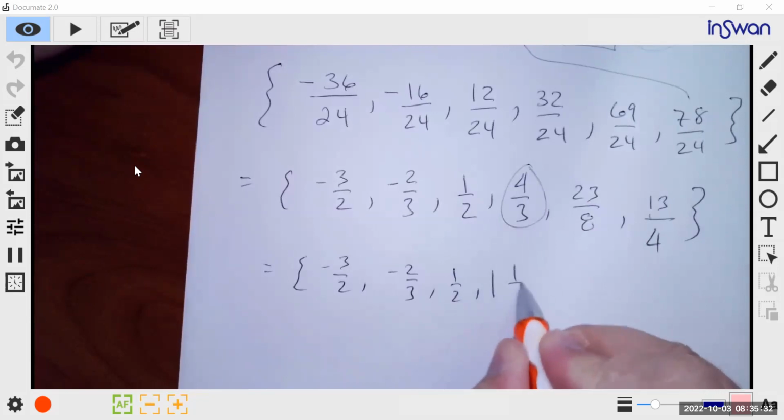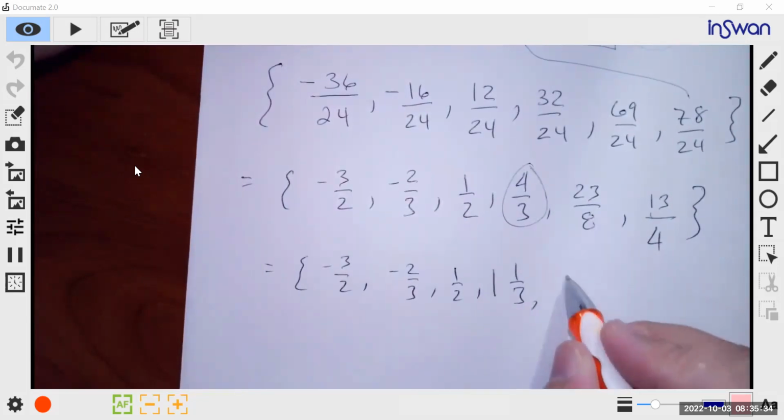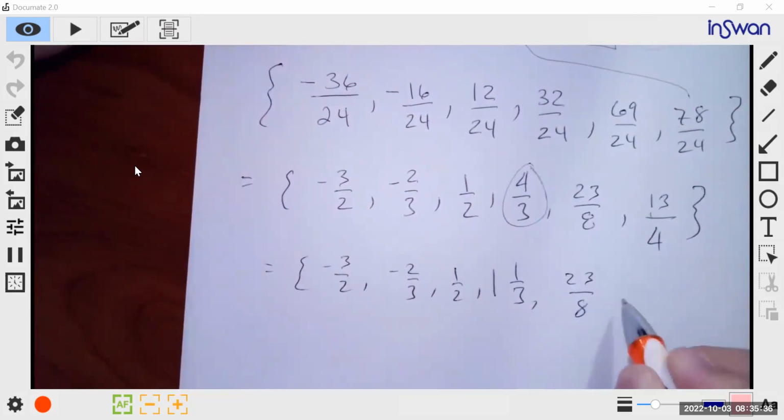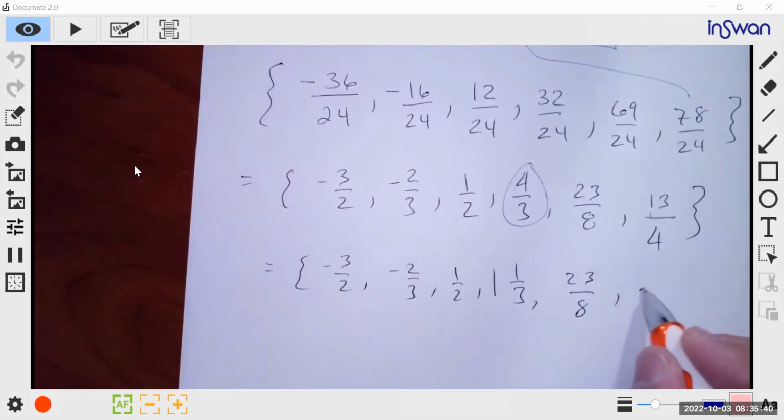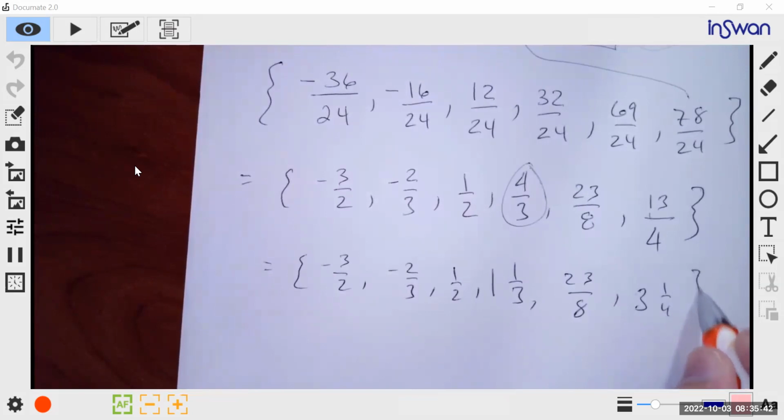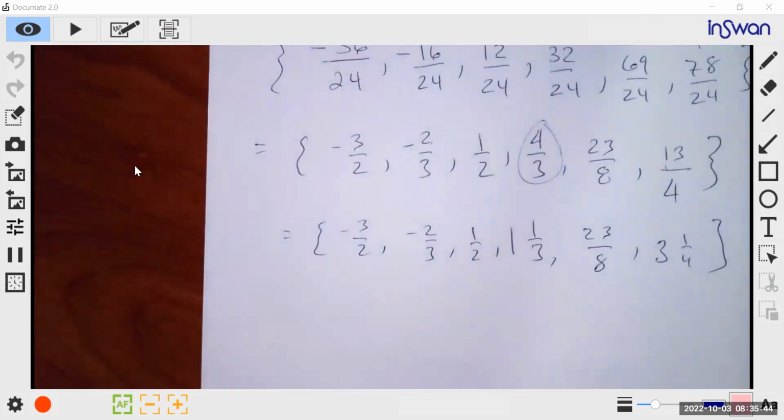This one was 1 1/3. That one left alone. So that's how you compare numbers. If you're given fractions, get a common denominator with all the fractions.